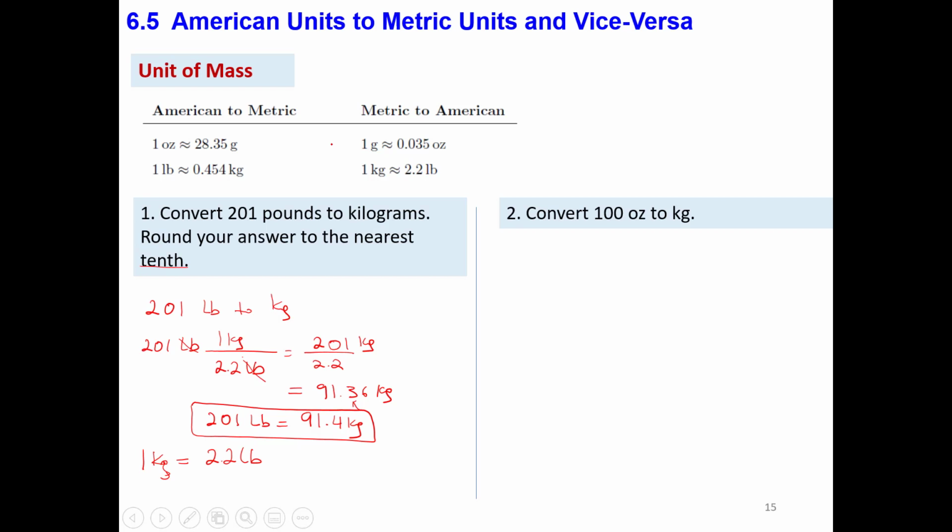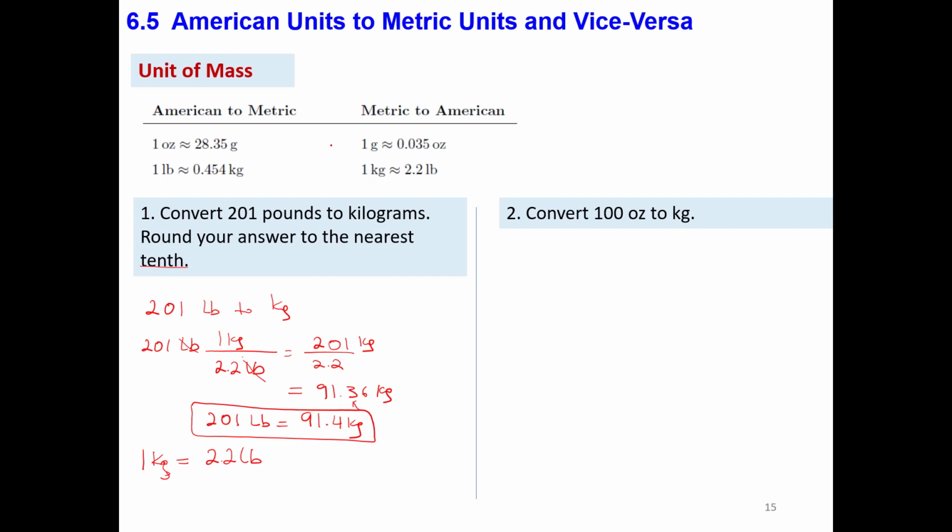Then in this case, we need to use the conversion factor of the metric system. Remember, kilo is 1,000, then we know 1 kilogram equals 1,000 grams. In this case, we need to use a chain of conversion factors to convert from ounces to kilograms.